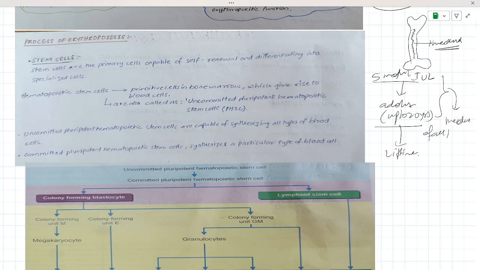But after 20 years, erythropoiesis is limited to only certain bones such as the sternum, ribs, iliac bones, and vertebra.